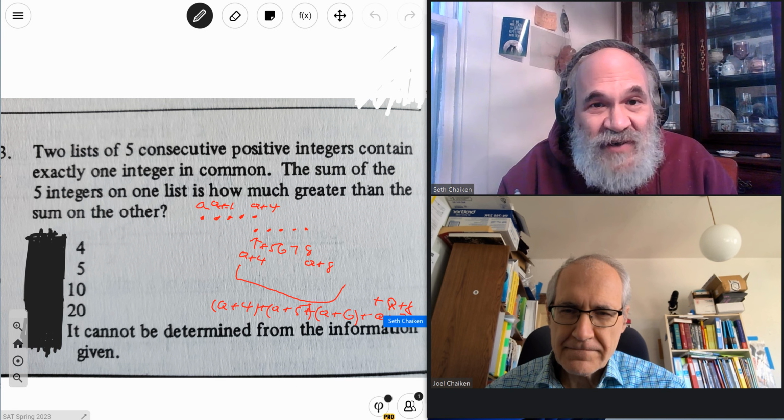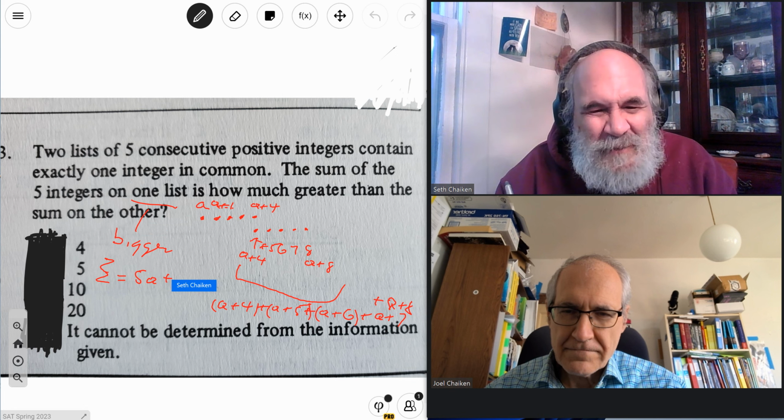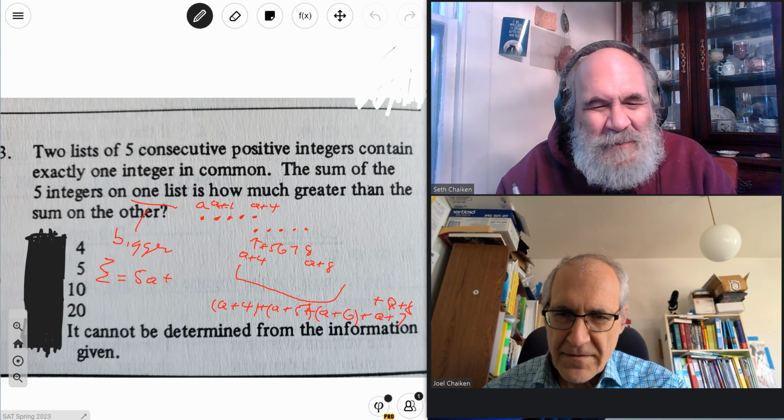So the sum of the integers in the bigger list is 5a plus the sum of 4, 5, 6, 7, 8. So you got 9, 13, and 8. Yeah, you've got 17 and 13.